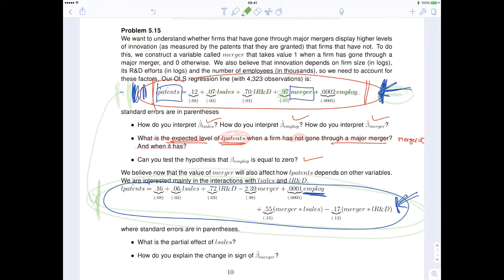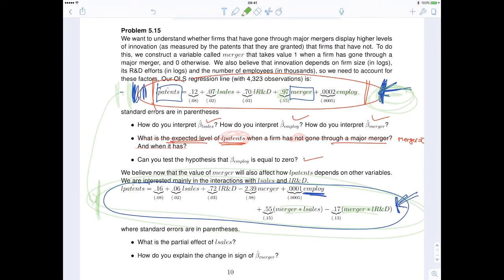If you believe this is the view of the world, then all these interaction terms are in the error term, right? Okay, so isn't it saying that merger and log sales are correlated? Not necessarily.